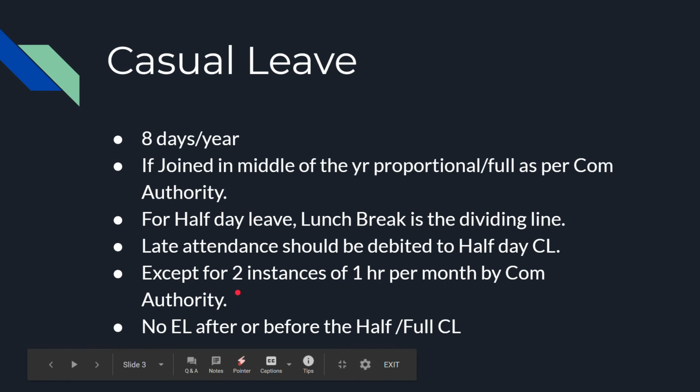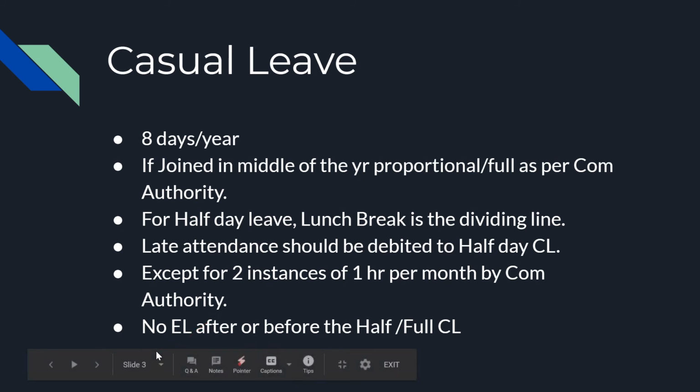I will explain again. In a month, if an employee came late on 2 days, and on both days he was late by 1 hour or less, then the competent authority can give an exception, and those two instances will not be deducted from casual leave.